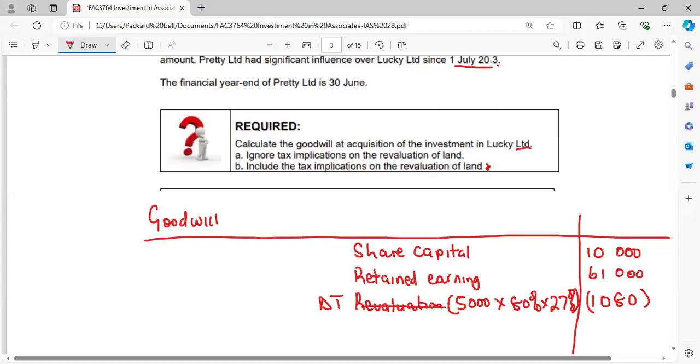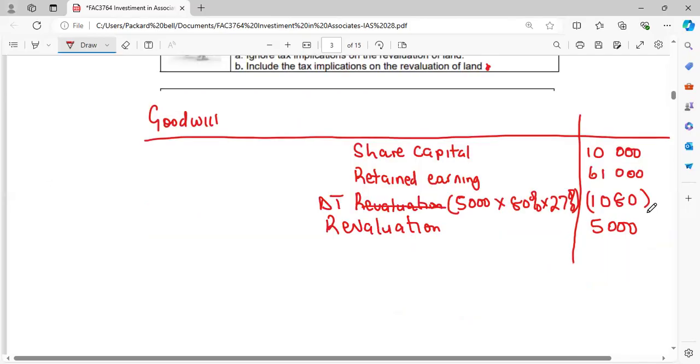So let's have our revaluation, the full amount, which is 5,000. Right, so that's everything that we have. This is going to give us the total net assets. How much net assets are we going to have?